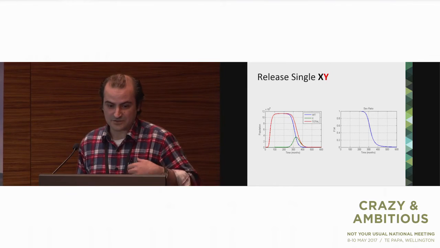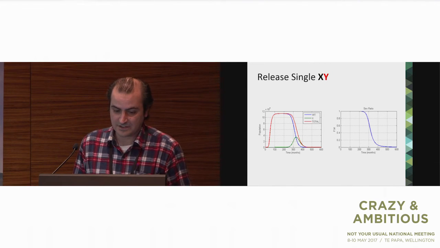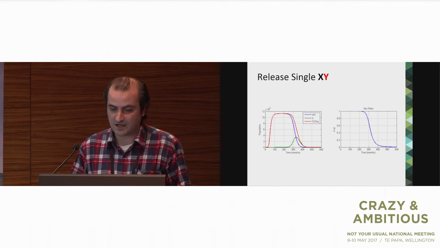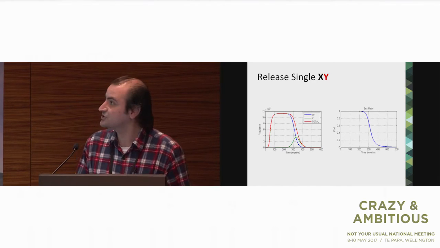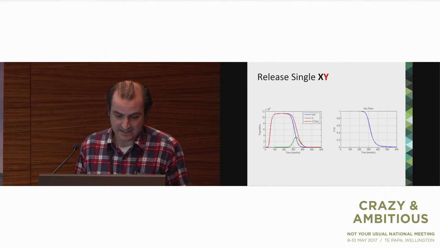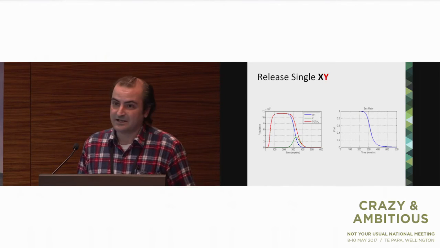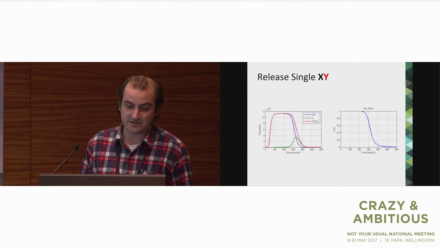And here are the model results. So you see the blue curve, or the red curve, is the total population. The blue curve is the wild type normal population. We let it reach its steady state, and at around 100 months, we release one of these males. So there's no need for females, basically.